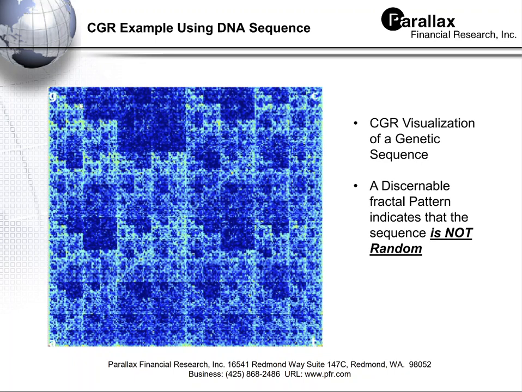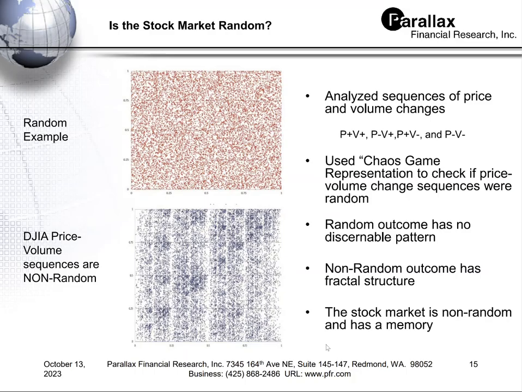And it was suggested that you could make a catalog for each animal, each creature that has DNA, using a pattern like this from their sequence that would be unique, so you could easily identify what a particular creature was. So anyway, we've adopted this CGR visualization tool to apply to markets.